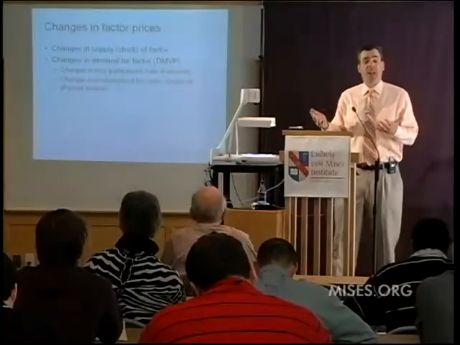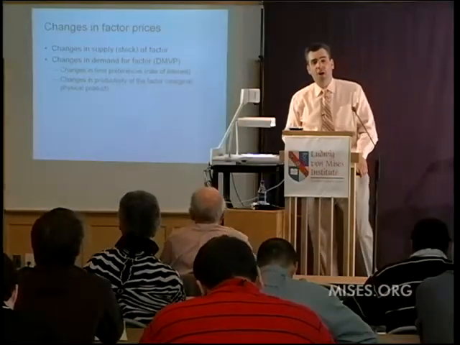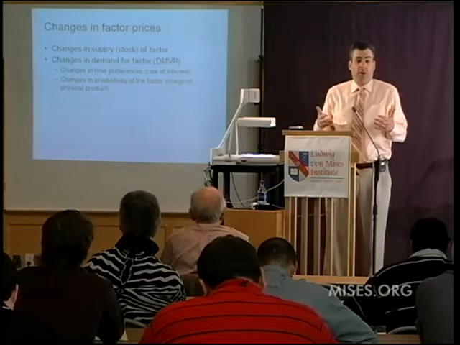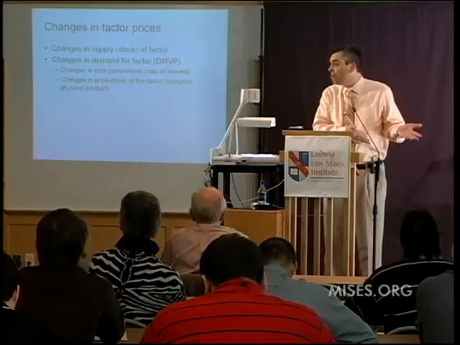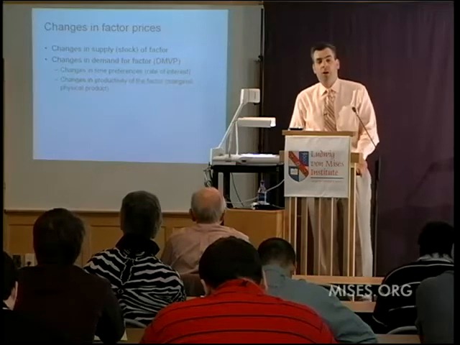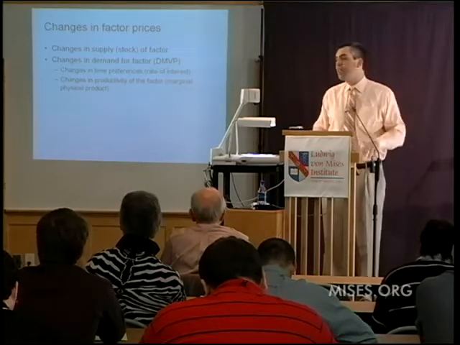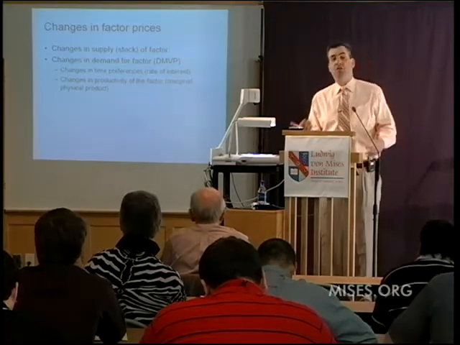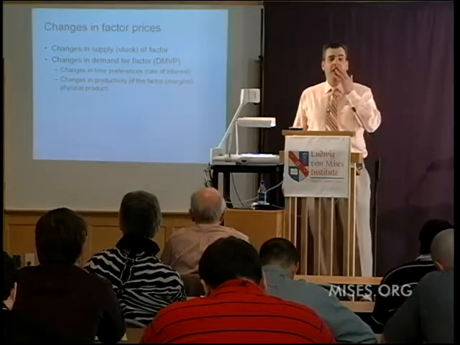With this basic setup, a demand and supply analysis, we can do just what we did yesterday and ask, what explains changes in prices of factors of production? Sometimes wages rise, sometimes they fall. Sometimes land prices rise and fall. Why? How can we explain that? Well, we can explain it by shifting the supply and demand curves, just as we did yesterday.